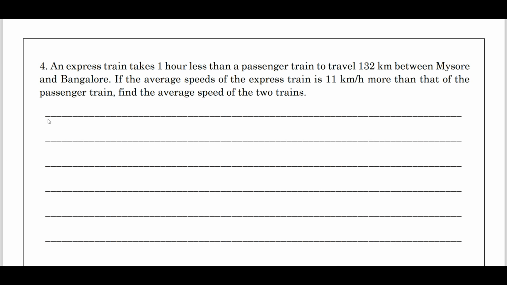Now let us assume first, average speed of passenger train equals what? X. Average speed of the passenger train is x.